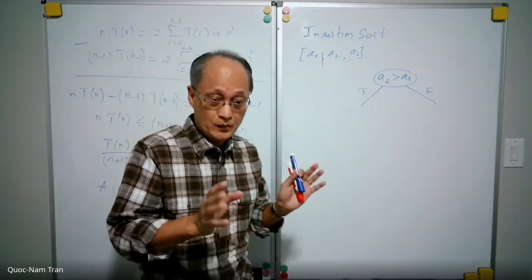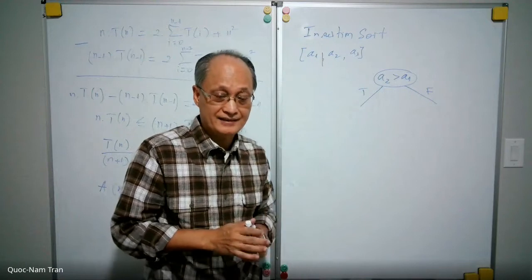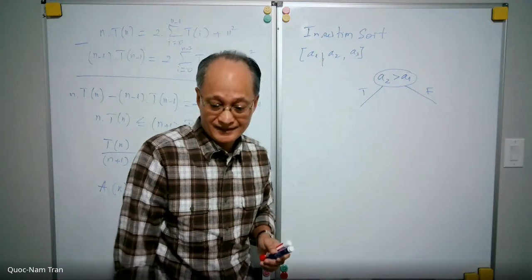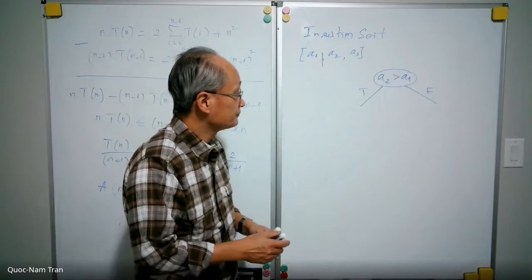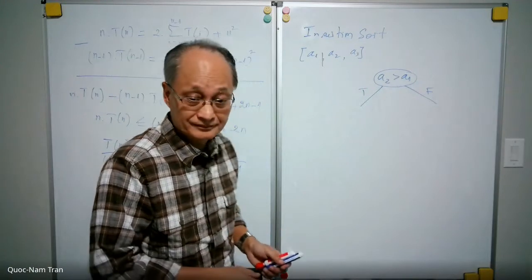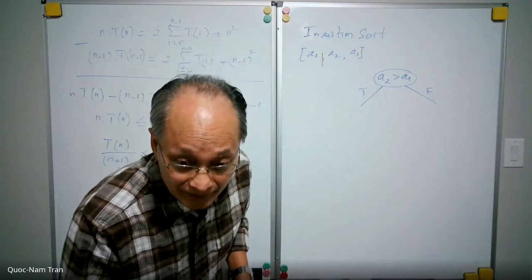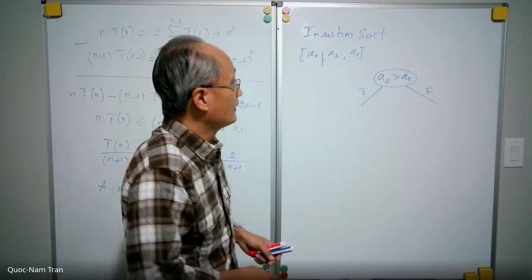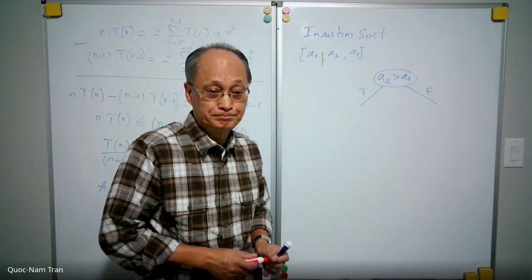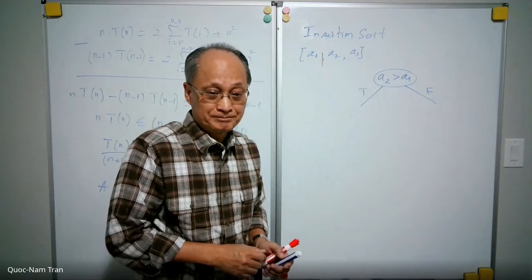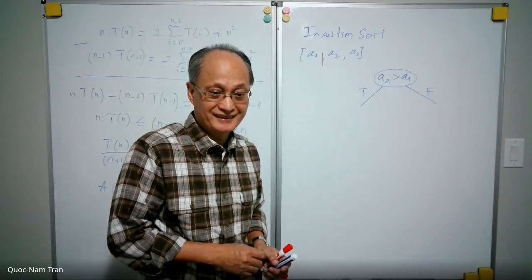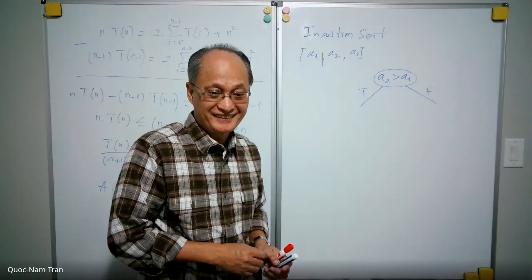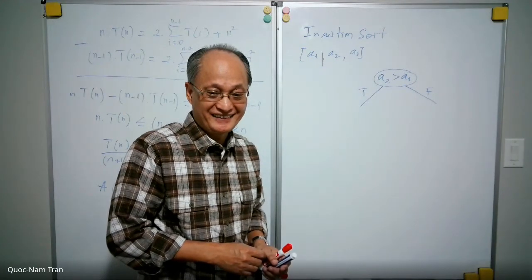What values will be compared next? A3 and A1. Not really. Okay. Any other idea?